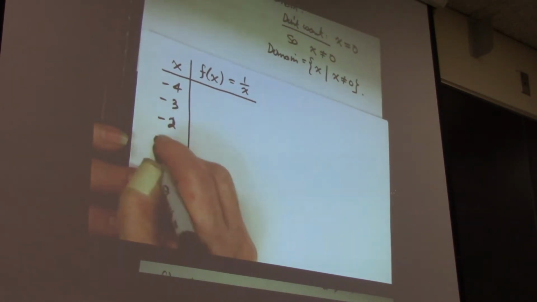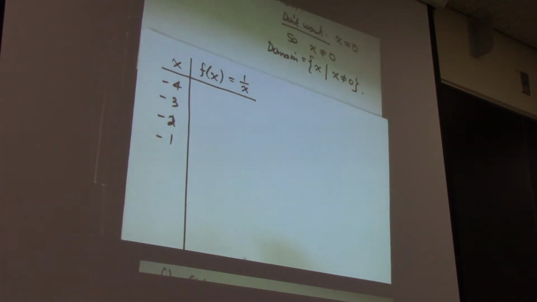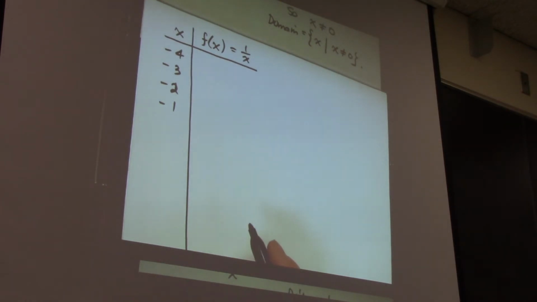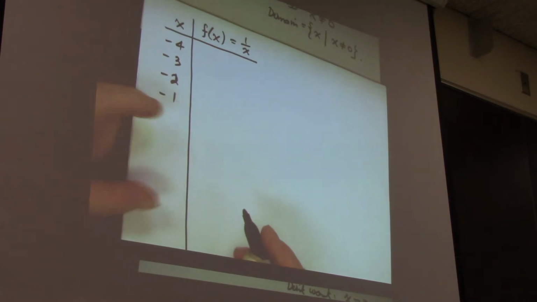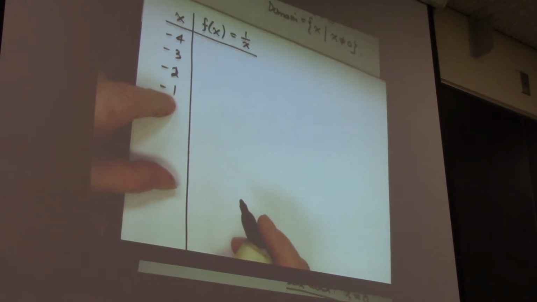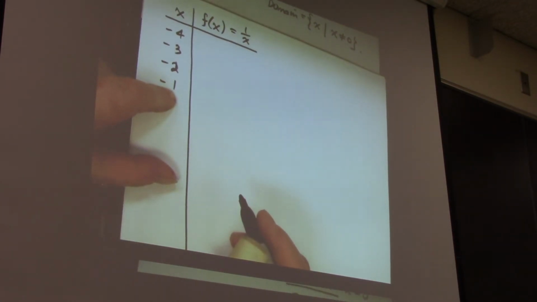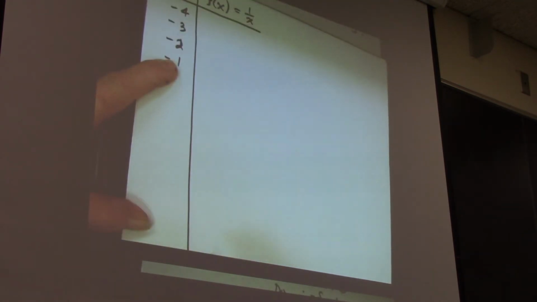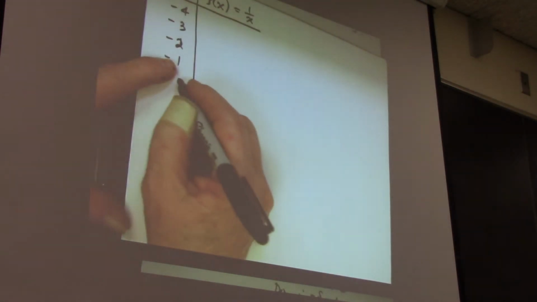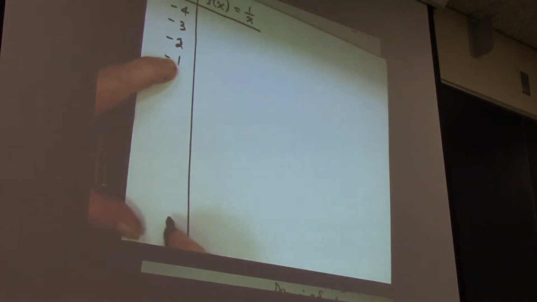No zero, right? Leave a lot of space there. I'm going to put in some fractions in here, and then I'll have my 1 and my 2 and my 3 and my 4.